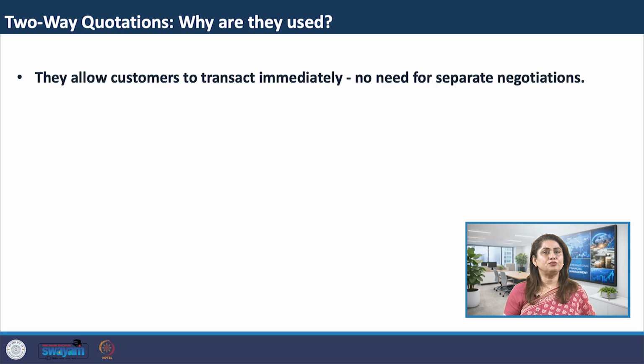Why do banks use two-way quotations, that is, both a bid rate and an ask rate? The first reason is convenience. When a bank gives a two-way quote, the customer can transact immediately without entering into separate bargaining or negotiation. This makes the foreign exchange market faster, smoother, and more efficient for both the bank and the customer.